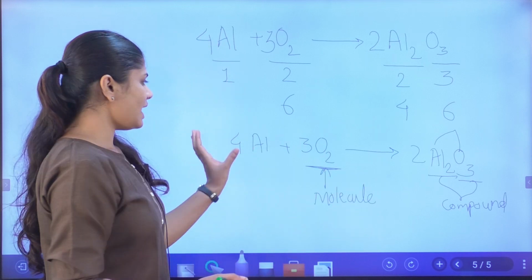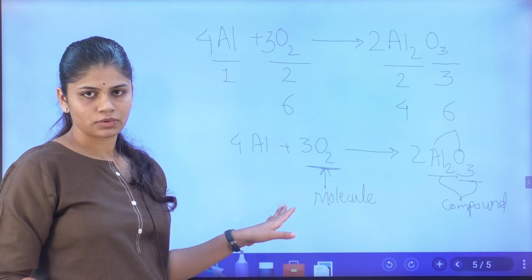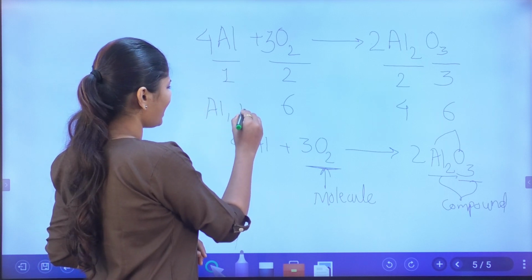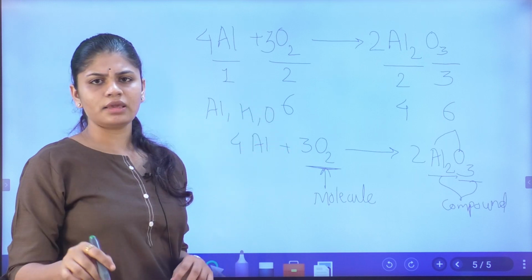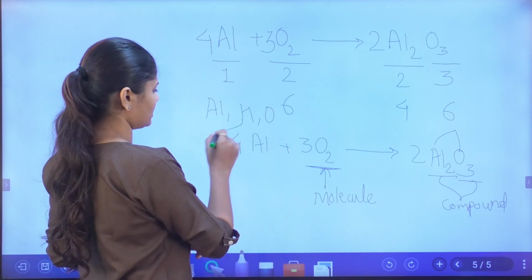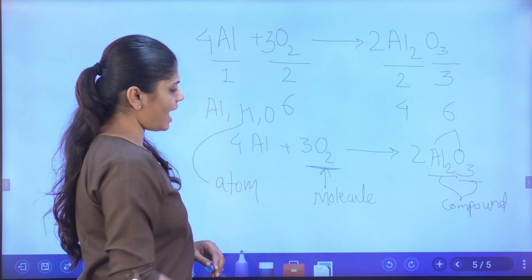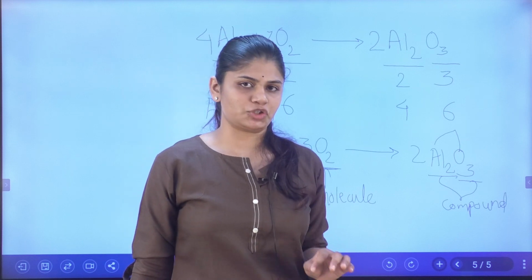Now see aluminum. Aluminum is a single element over here. So if we consider only aluminum or only hydrogen or only oxygen, a single element, we can say it is an atom. I am letting you know in very layman language, guys.